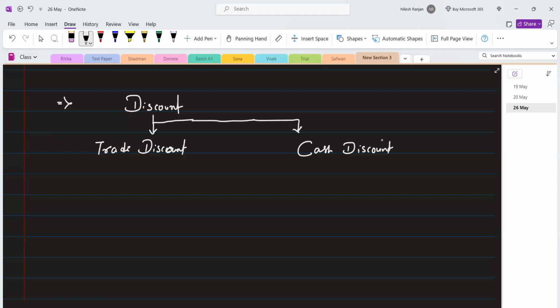That's why they give you trade discount. So trade discount is given for attracting the customer. Okay. So the first point related with trade discount is to attract customers.